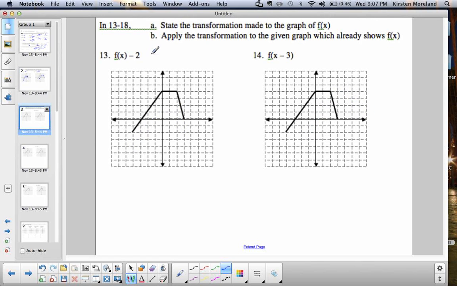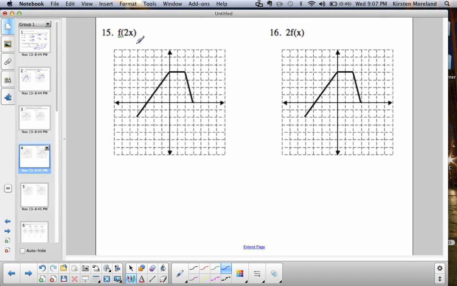Right, this one is a horizontal shrink, which means I'm really dividing the x values by 2. So this one was originally -4, it's now going to be at -2. This x value is 0, it's going to stay there.